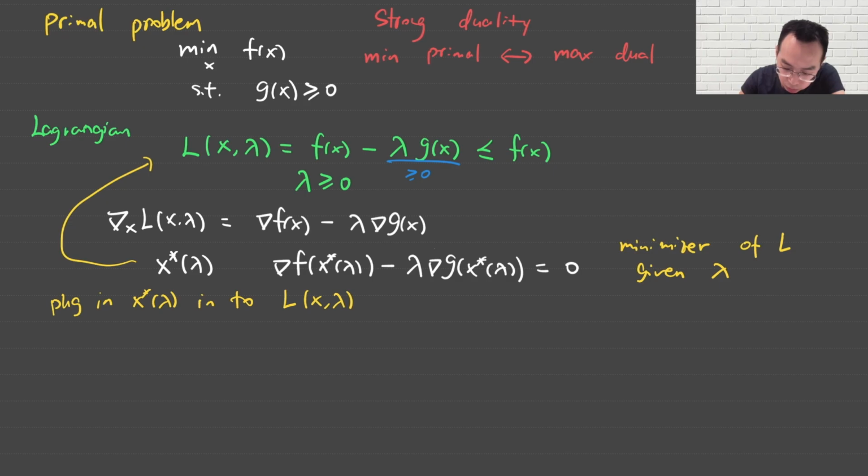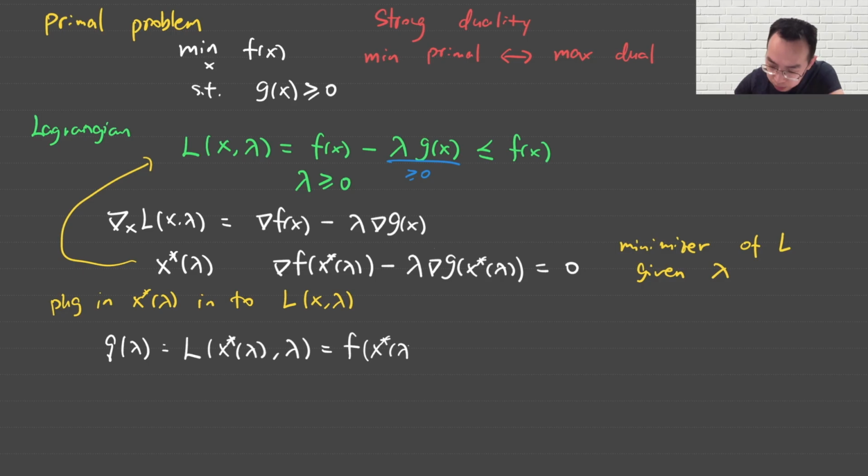Let's call it q of lambda. That equals L of x star of lambda, lambda, which equals f of x star of lambda minus lambda times g of x star of lambda. So this becomes the very definition of the dual function.